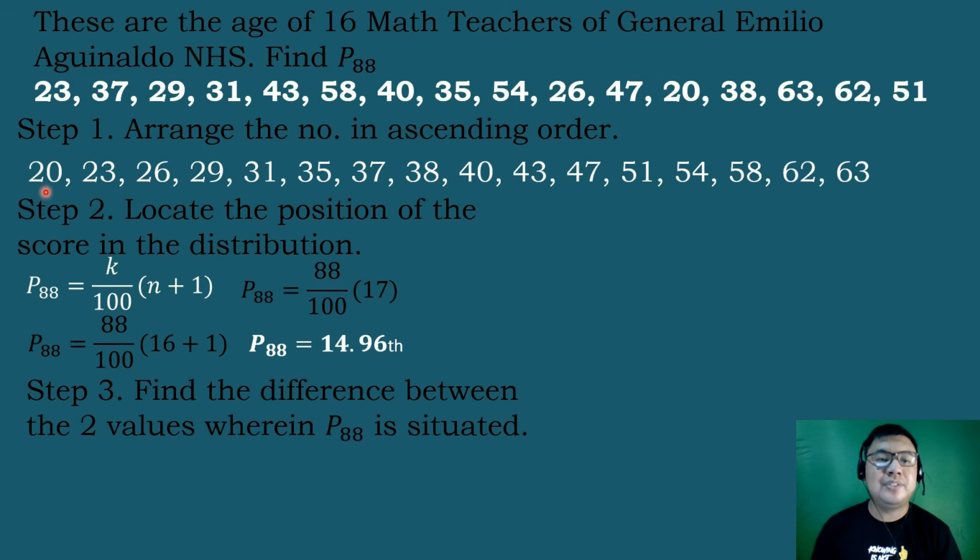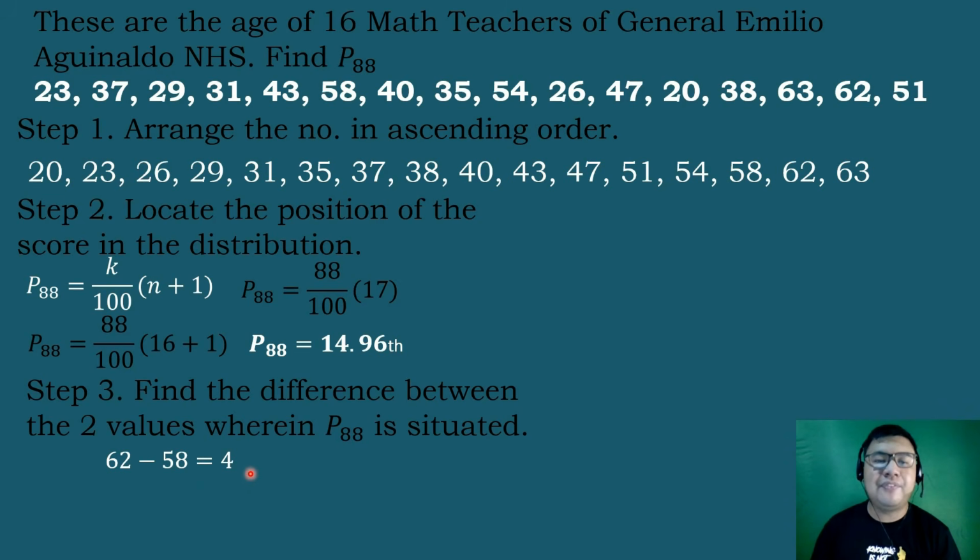So we have the first number, the second, the third, fourth, fifth, sixth, seventh, eighth, ninth, 10th, 11th, 12th, 13th, 14th, and the 15th number. So we have 58 and 62. And we will get the difference of these two numbers. We have 62 minus 58, and that is equal to 4.